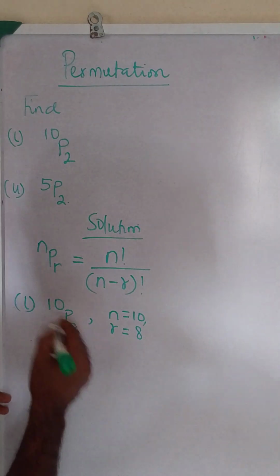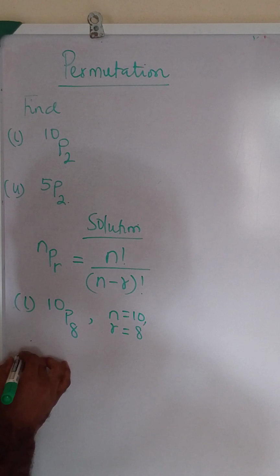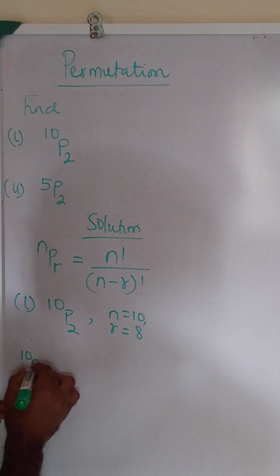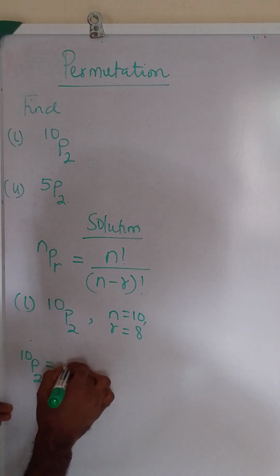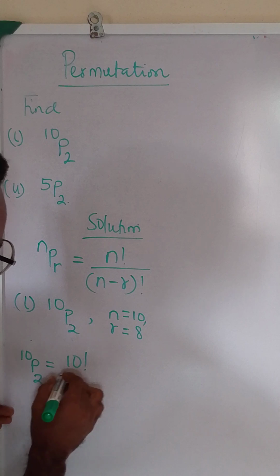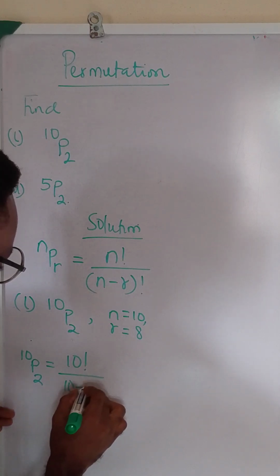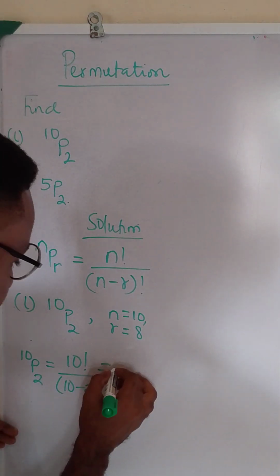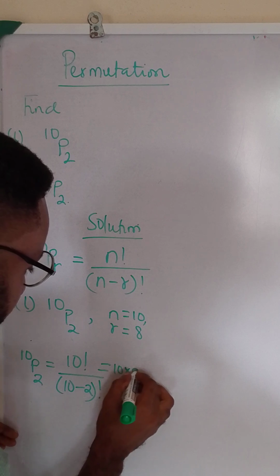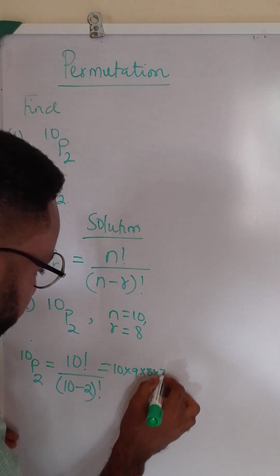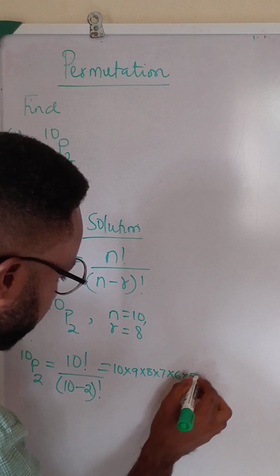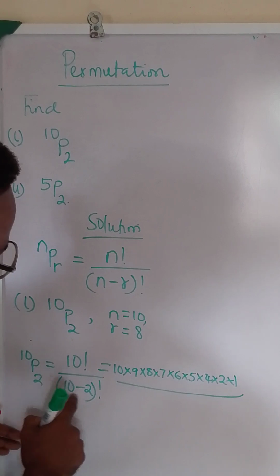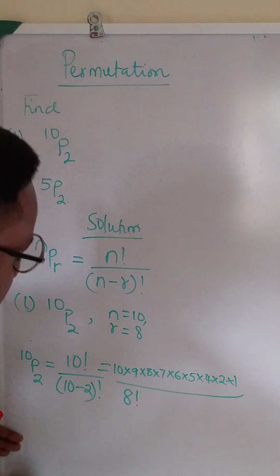So 10 permutation 2 is the same thing as saying 10 factorial all over (10 minus 2) factorial, which is 8 factorial.